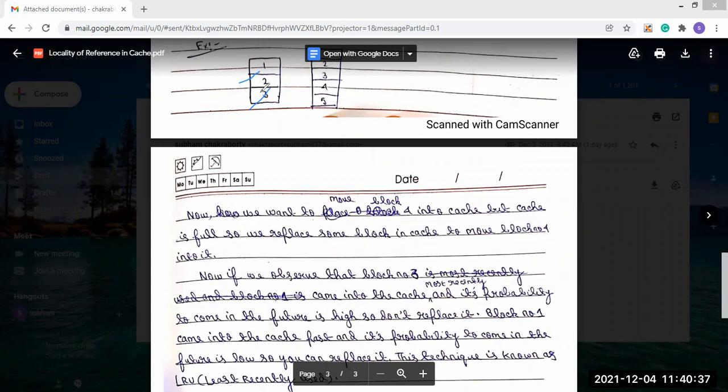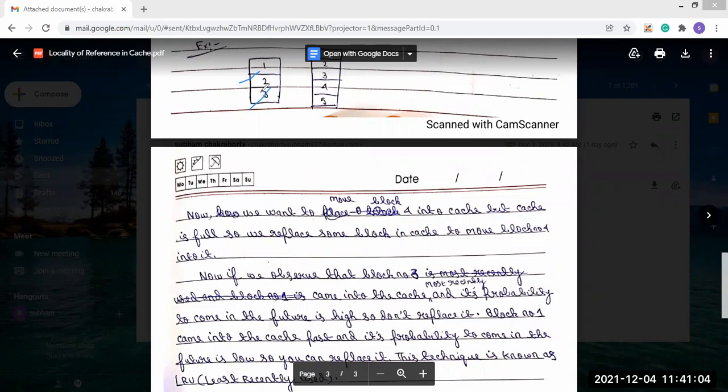Then we will check block number 2. Block number 2 also came recently; you can say it came before the third block, so it has some chance of being replaced, but it did not come very far in the past.